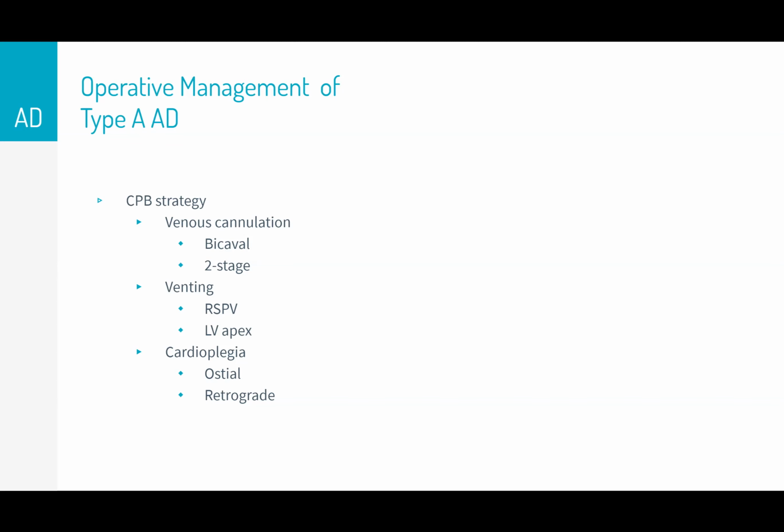I think the stability of the patient will play a major role in the cannulation decision. For example, if we have a dissected patient in relatively stable condition, hemodynamically stable and so on, I think the most common cannulation strategy would be axillary cannulation for the arterial and bicaval central cannulation for venous.